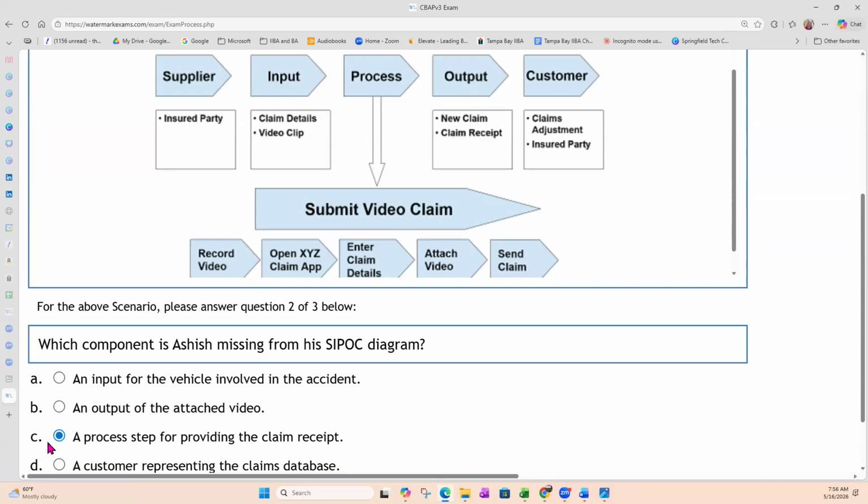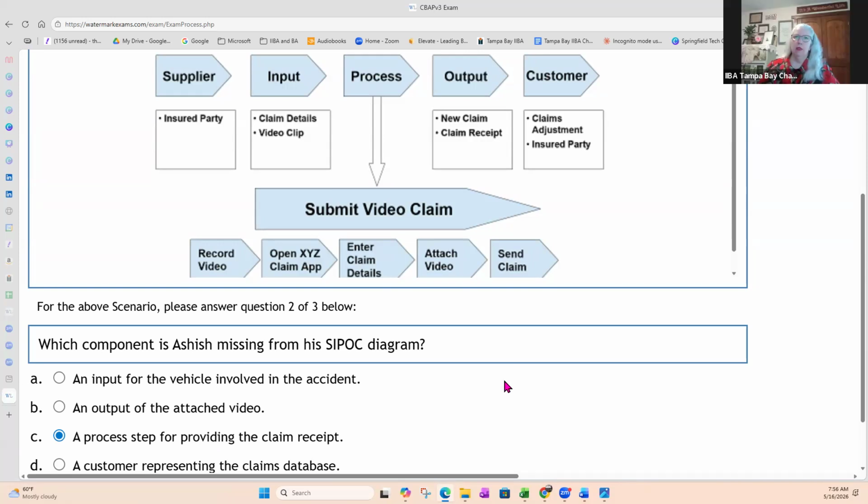As part of the output listed in the diagram is the claim receipt, but we can see that there is no process on how to do that. It just stops at sending the claim. There is just the new claim, but it doesn't tell us how to get the receipt, which is what is missing. Good reasoning.